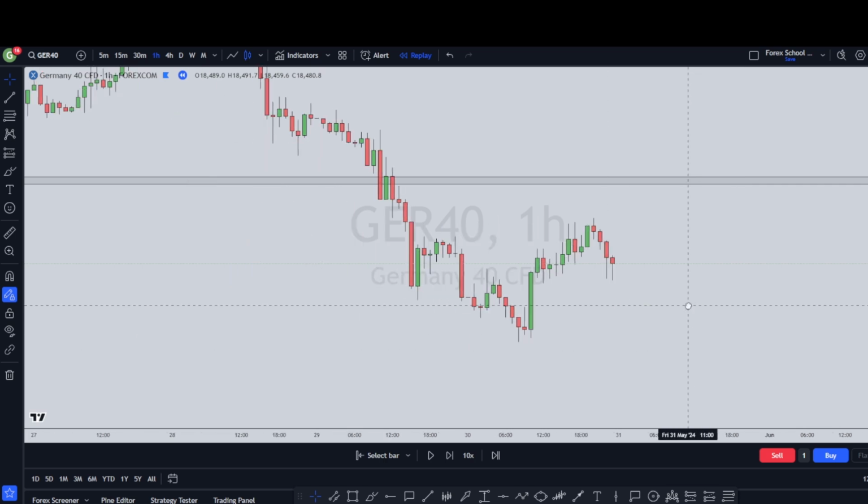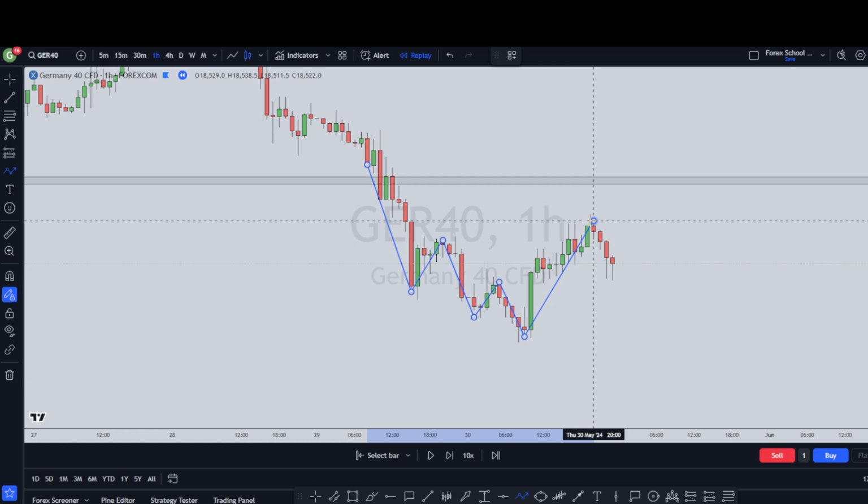Now, of course, we see on the 1 hour, there was this move to the downside, where price was making lower highs and lower lows, here we see a change of character, where price changes market structure to now higher highs as opposed to the previous lower highs.